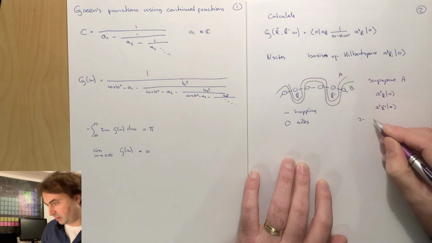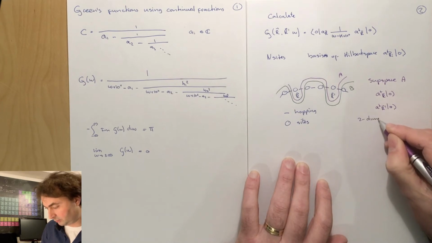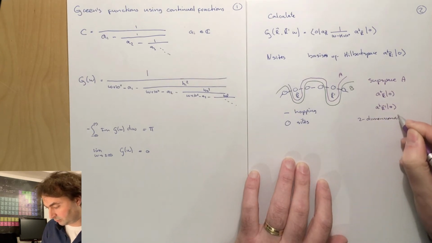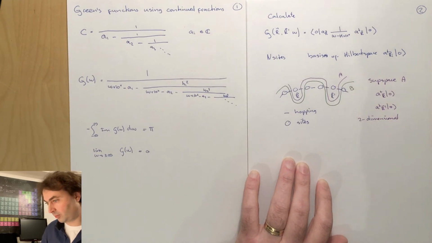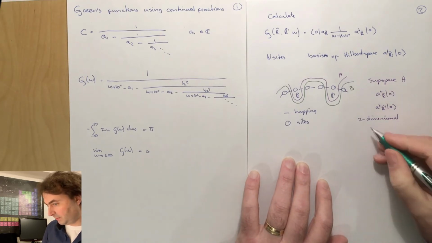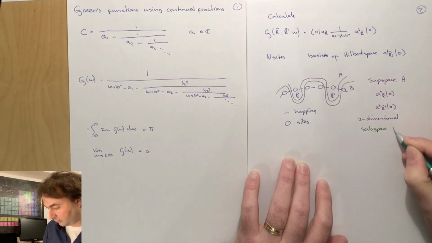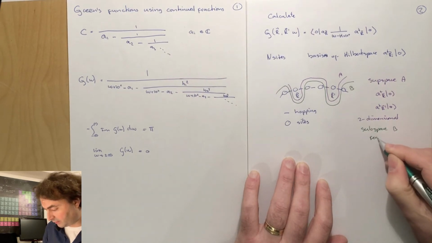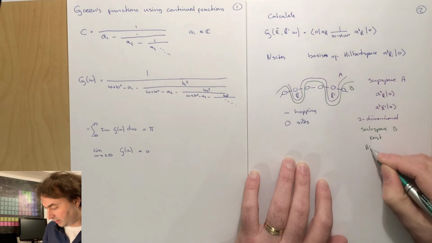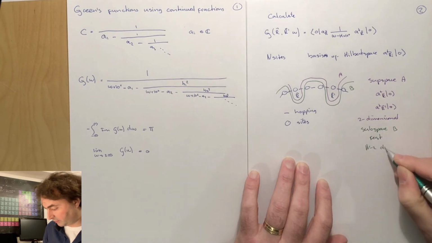It is a two-dimensional space. The subspace B is given by the rest. It is an n-2 dimensional space.